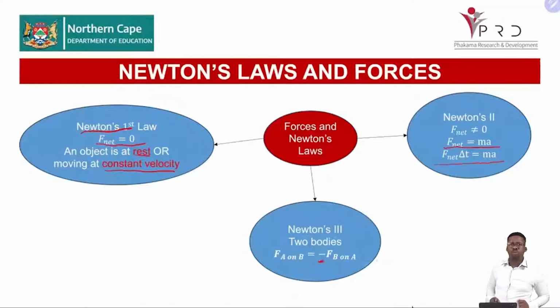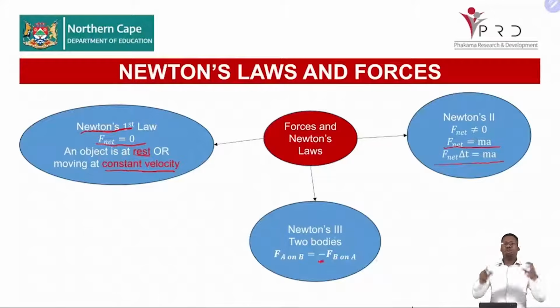Already a learner is moving with confidence to say, now I can get that target that I've set for myself. I want 7 marks. How do I get 7 marks? 2 marks for the definition, 4 marks for the free body diagram, 3 marks for the easy calculation. F net is equal to ma. Once I see 5 marks, 6 marks, 7 marks, F net is equal to ma, and I substitute.